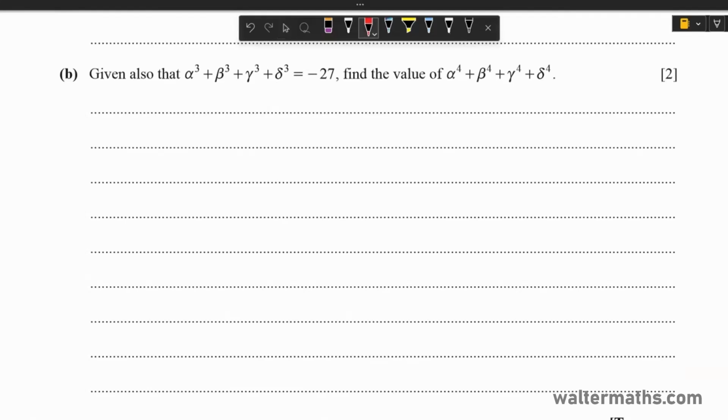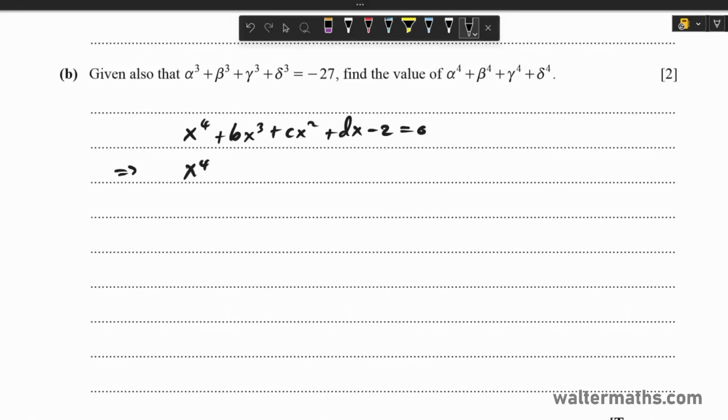So basically we have x to the power of 4 plus bx cubed plus cx squared plus dx minus 2 being equal to 0. And remember, we got the values of b, c, and d.